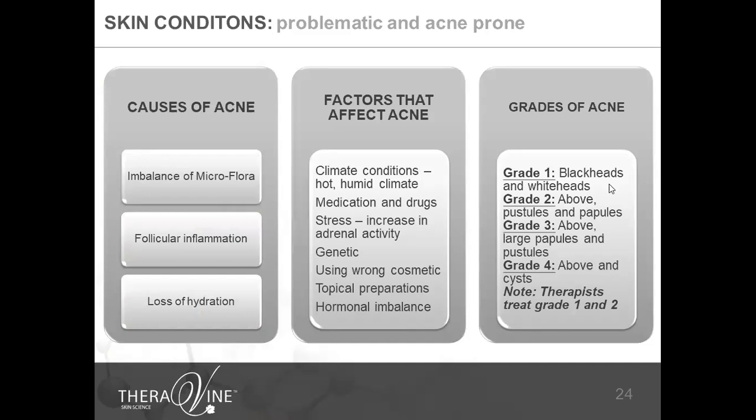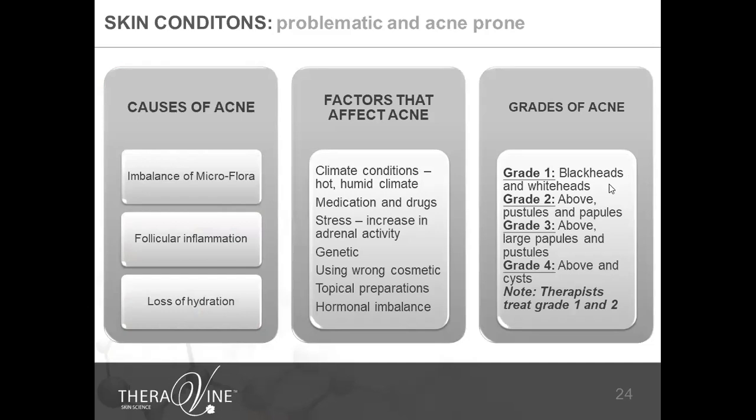So therapists usually treat only grade 1 and 2, although I have treated grade 3 clients recently actually with Theravine, and I've gotten very, very good results. But obviously the way that you treat them needs to be very different.